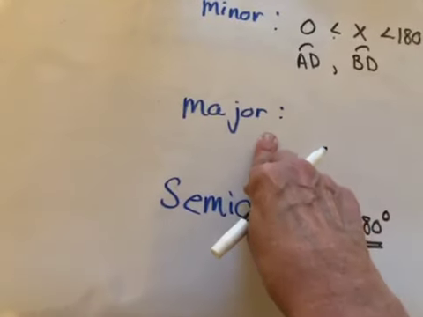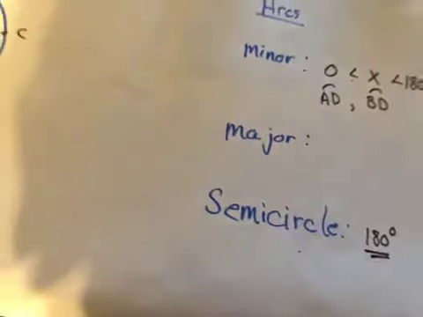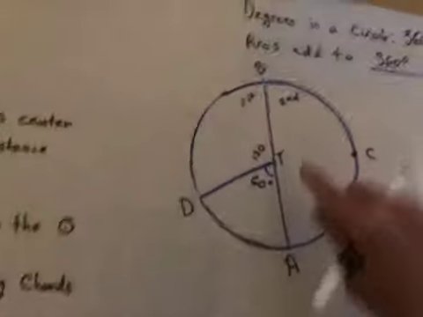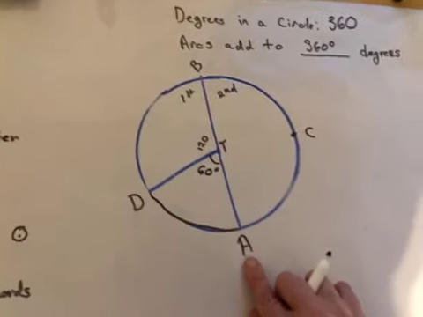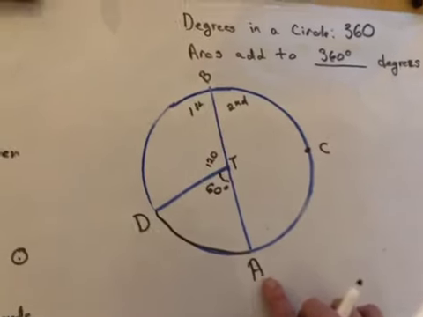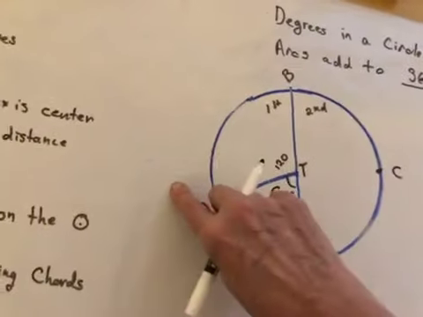A major arc is going to be greater than a semicircle. That means I'm going to start at 1 point on the circle, and I'm going to go halfway around plus more.